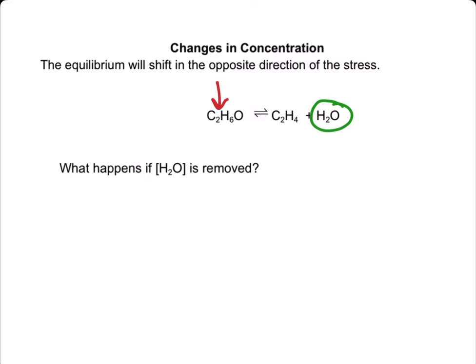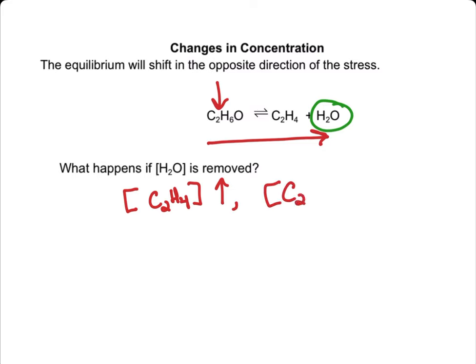If I'm adding stress on the left side, then the reaction will go towards the right. If the reaction is going to go towards the right, that means I'm increasing the concentration of C2H4, and I could also be decreasing the concentration of C2H6O.